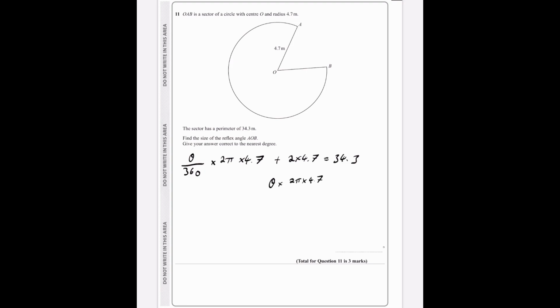So subtracting the 2 times 4.7 from both sides and just rearranging the way I'm writing the first calculation, just to leave the theta on its own there, because then I can divide both sides by 2 pi times 4.7 over 360. Calculators will allow you to do that. Theta comes out as 304 degrees.